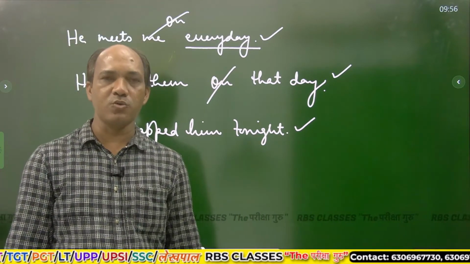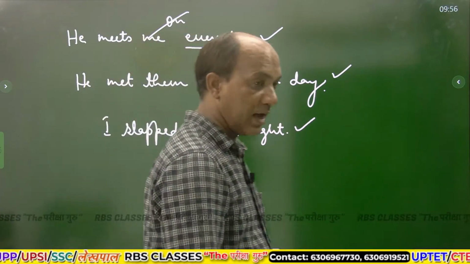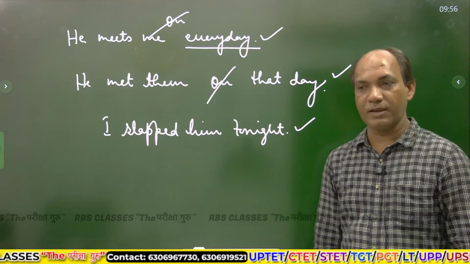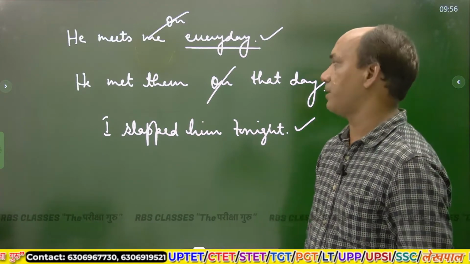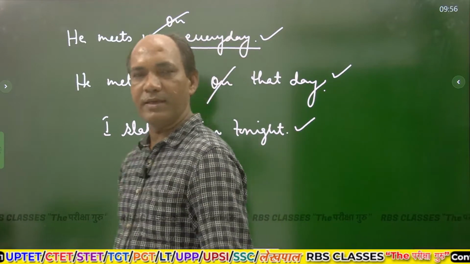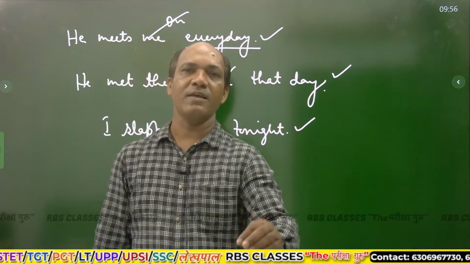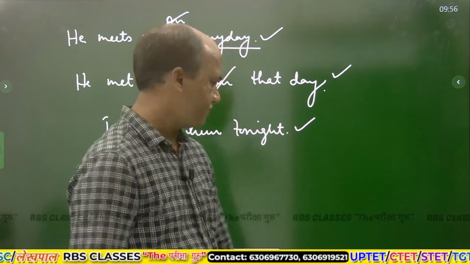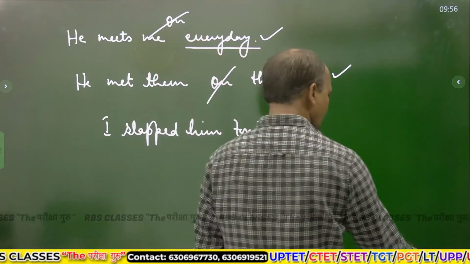तो on का यूज जो होता है वो डे के लिए होता है, डेट के लिए होता है. इन का यूज ड्यूरेशन ऑफ टाइम के लिए होता है, पर्टिकुलर ड्यूरेशन ऑफ टाइम के लिए होता है. जबकि एट का यूज पर्टिकुलर पॉइंट ऑफ टाइम के लिए होता है. एक विशेष पॉइंट जो होता है इस समय उसके लिए होता है. ठीक है.